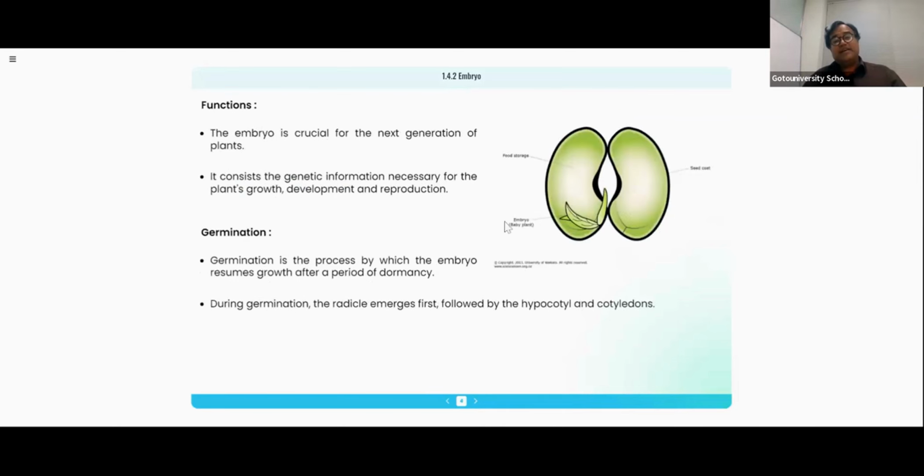Now, the functions of the embryo are very, very important for making the plant parts, like we narrated. But embryo development is seasonal. I'm a plant embryo or a seed. I'll develop only in spring, only in autumn, only in summer, or only in winter. Why? Because that environment suits me to become a new plant. All environments do not support the seed to become a plant. Only a certain environment supports it.